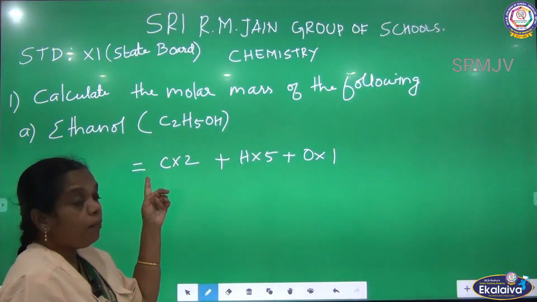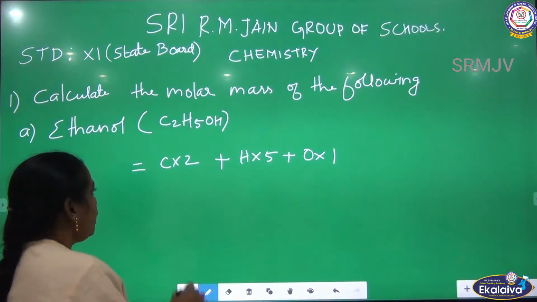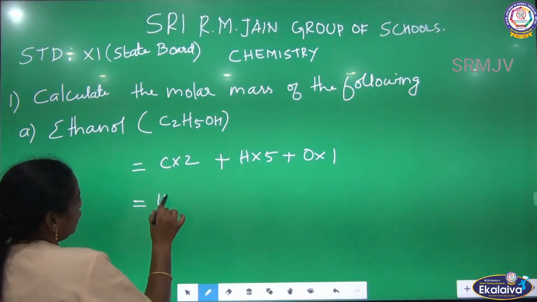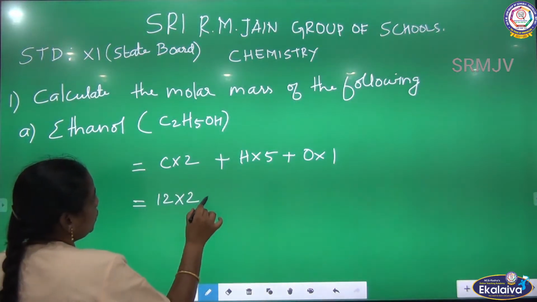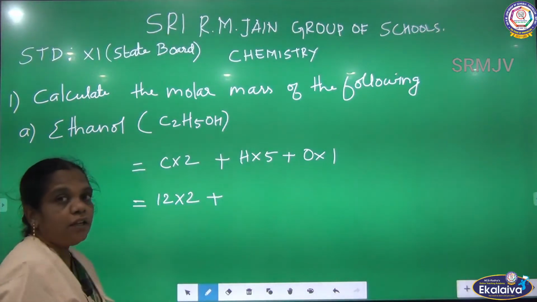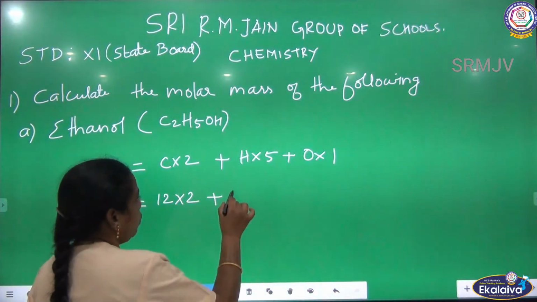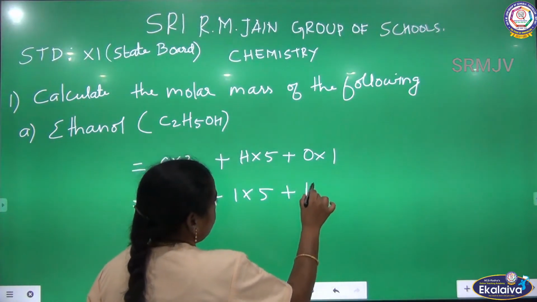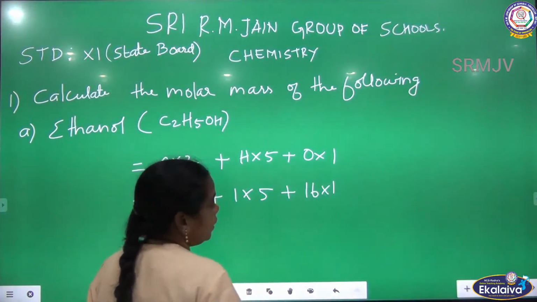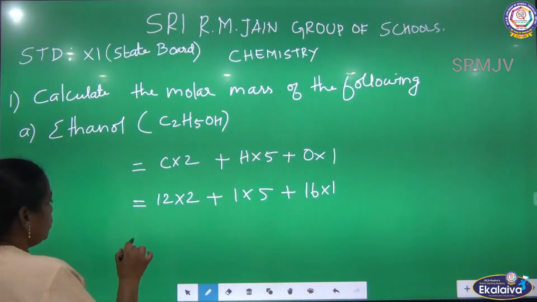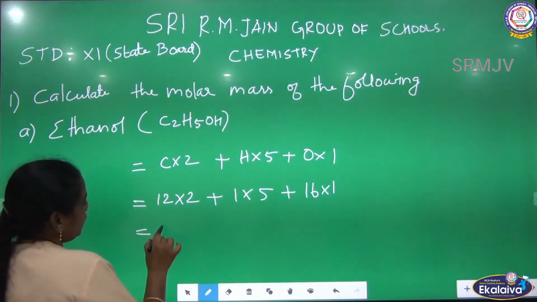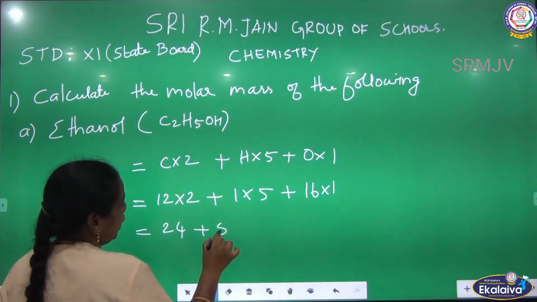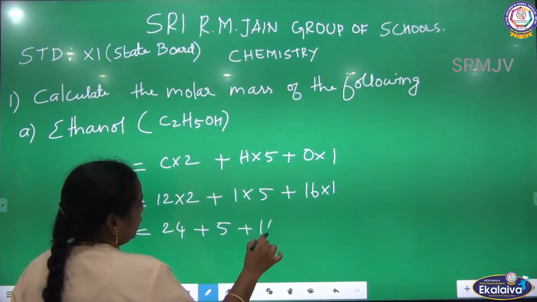Now next you want to write the atomic mass. The atomic mass of carbon is 12 into 2, plus atomic mass of hydrogen 1 into 5, and then atomic mass of oxygen 16. So now you have to multiply and sum. 2 12s are 24, plus 1 5 is 5, plus 1 16 is 16.